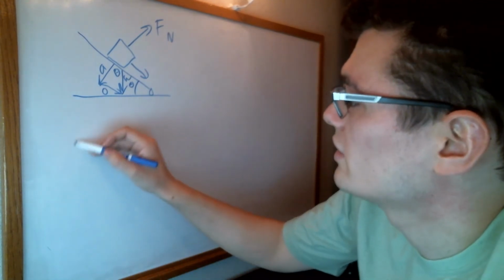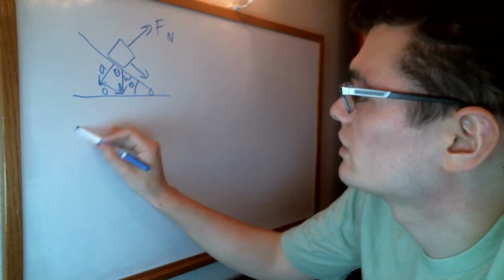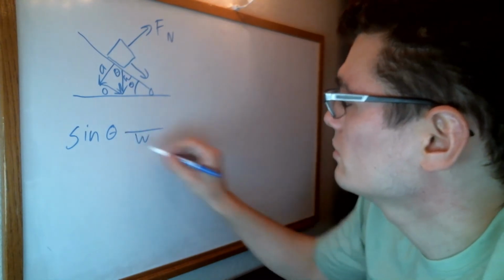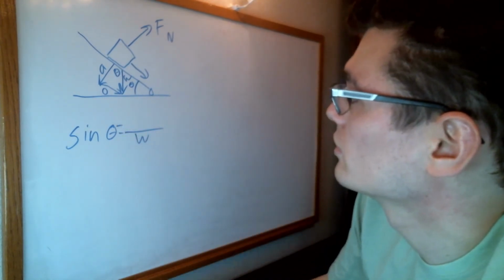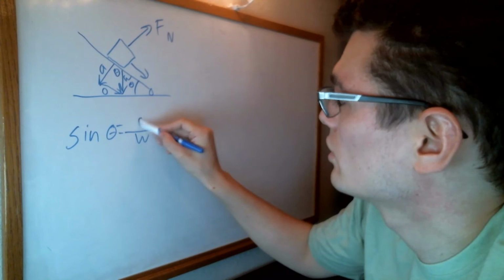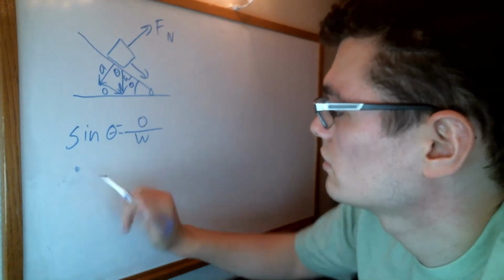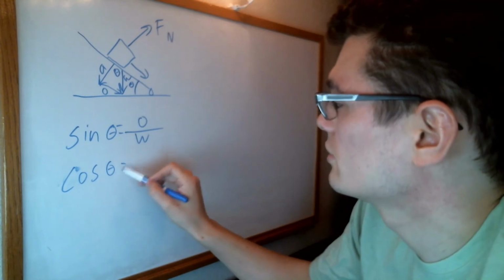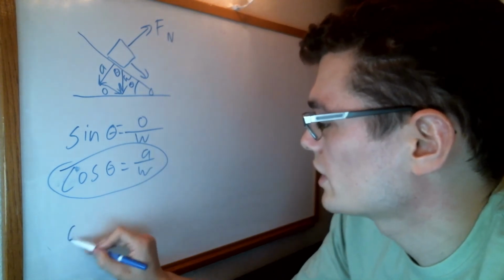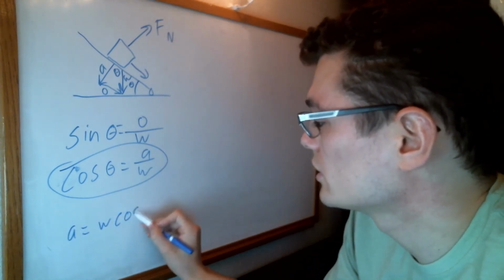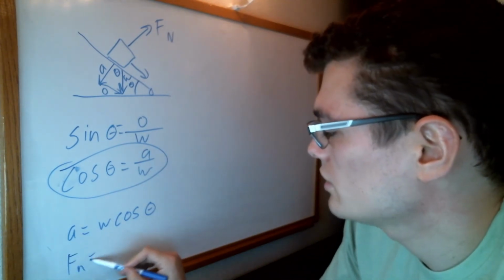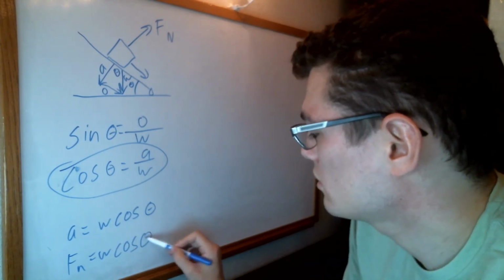So now we can say sine of theta is O over W, the hypotenuse, and cosine of theta is A over W, and this is what we're looking for here. So A is equal to W cosine theta. And so then Fn is equal to W cosine of theta.